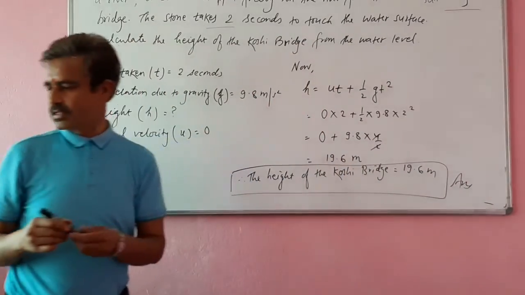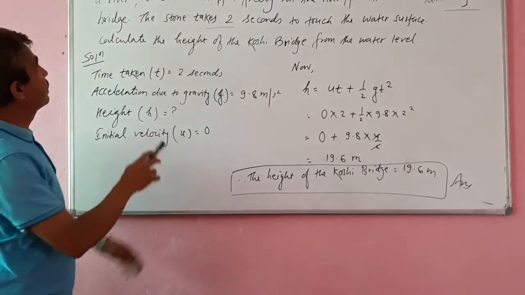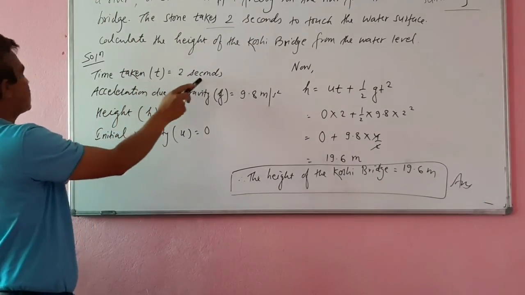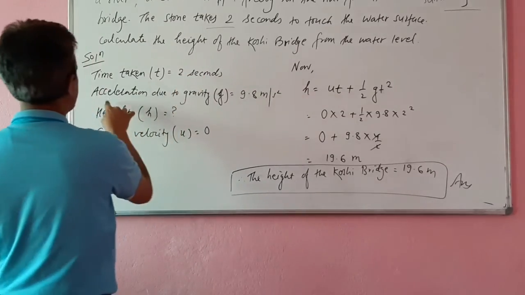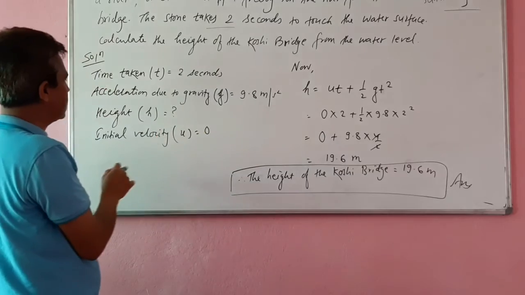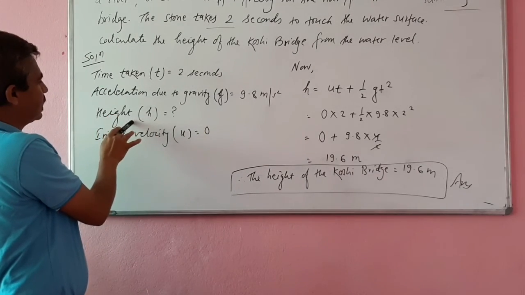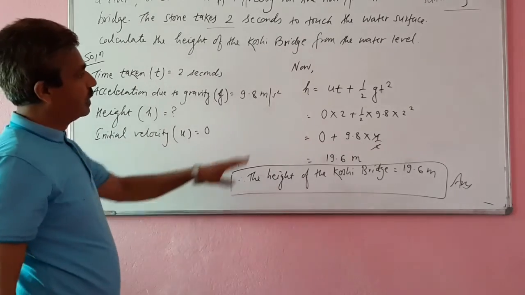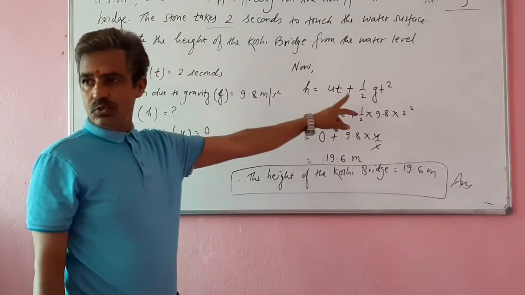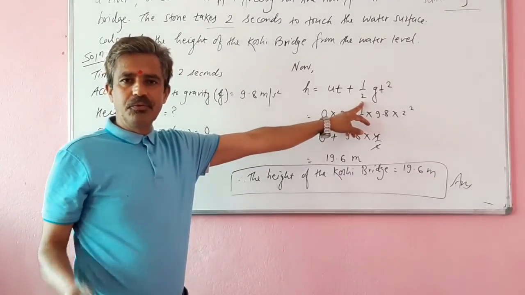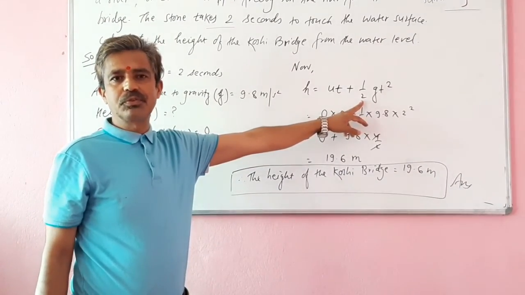Once again, let's see. In this question, 2 seconds time is there, and acceleration due to gravity on the earth is 9.8 meter per second square. We have to calculate the height, initial velocity we have to write here. This is logical one. What is the formula? h equals ut plus half gt square. We have taken this formula from equation of motion, right?